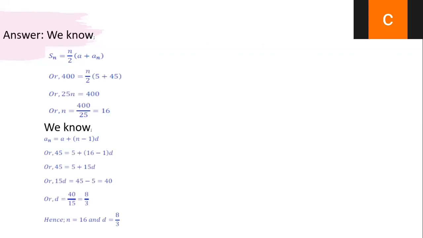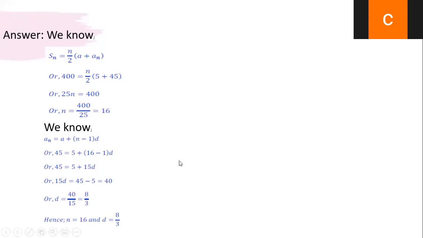Very good. First the Sn value they gave 400, A value, an value they gave, and n is 16. Applying that in the nth term of an AP, the D value we are getting is 8 by 3. Answer is 8 by 3. Very good, children.